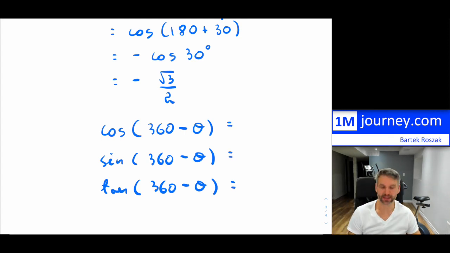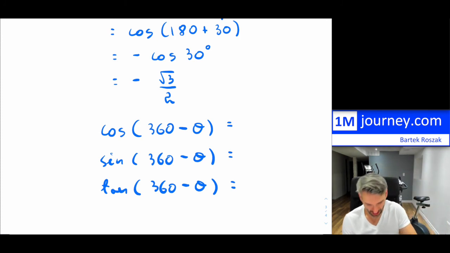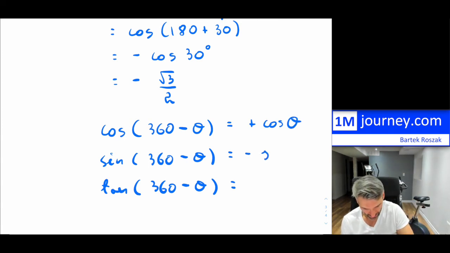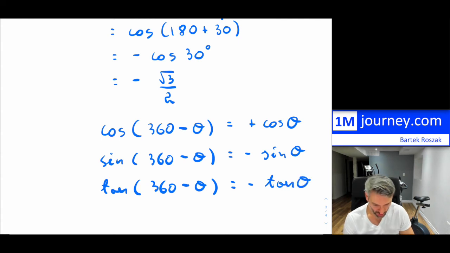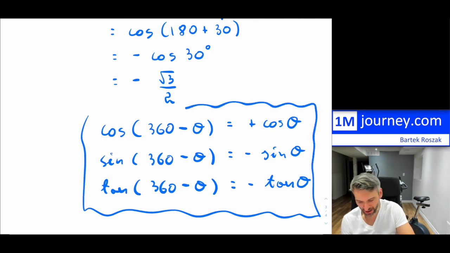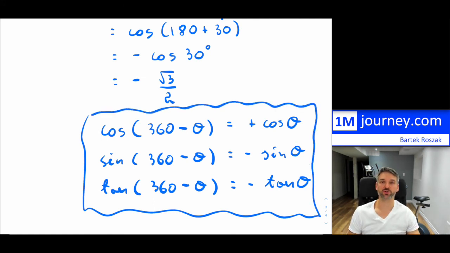So now within here, this is when you're in the fourth quadrant. So now think, this is going to be positive of whatever angle. My sine, so that's down, this is going to be negative of that. And therefore, my tangent, which is just sine over cos, is going to be also negative. And this is your last identity. Now, you might think, oh my gosh, this is so much to remember.